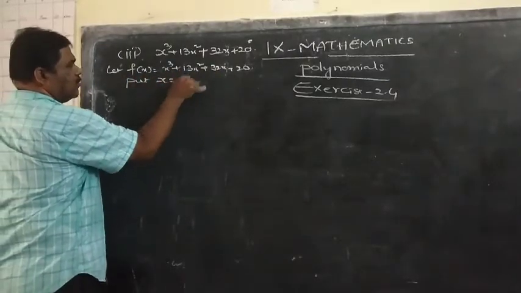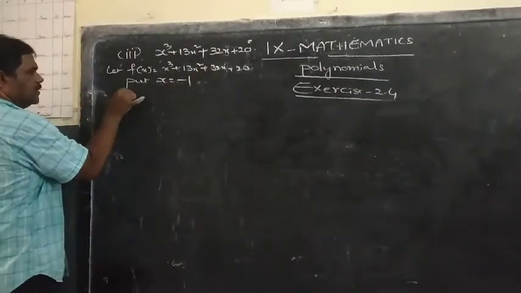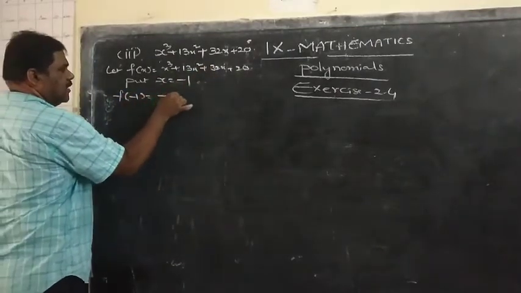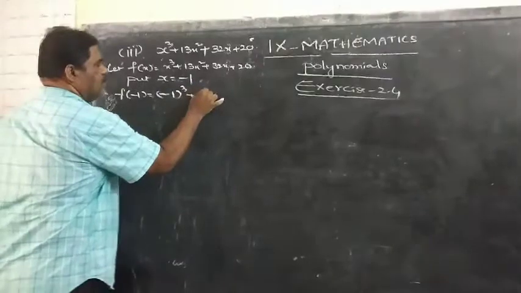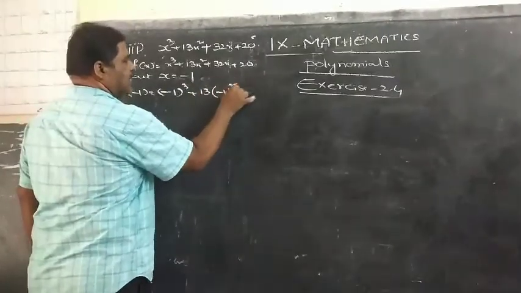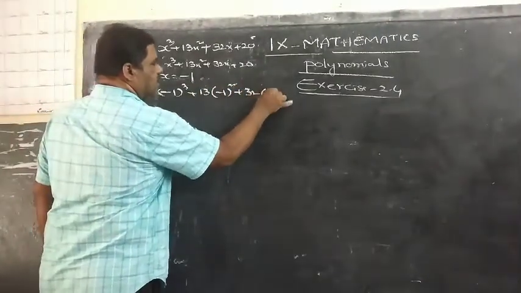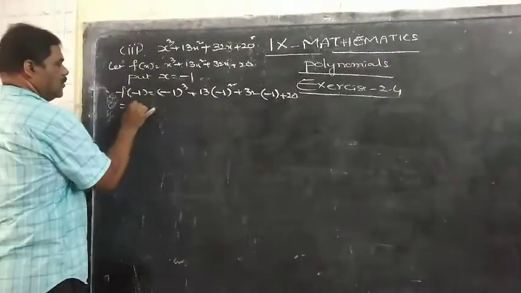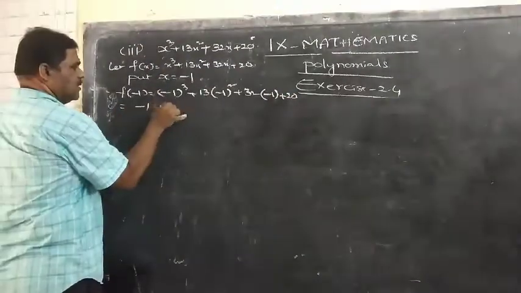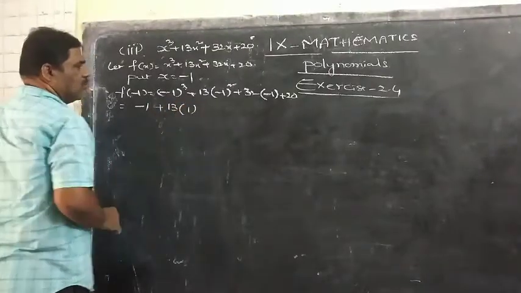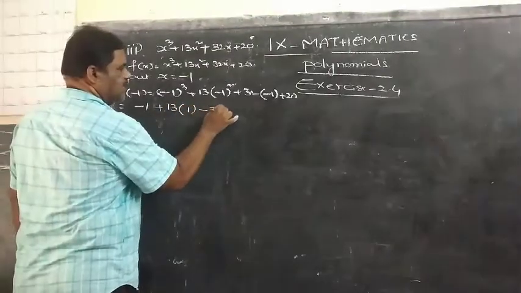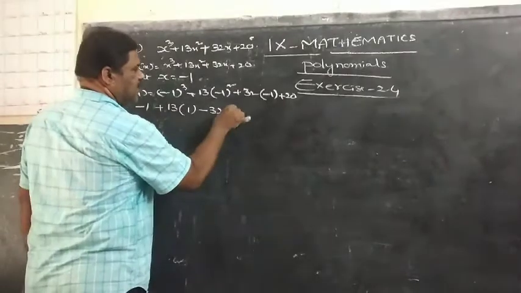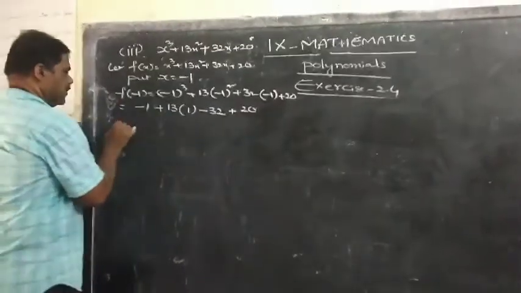Put x is equal to minus 1 first. So f of minus 1 is minus 1 whole cube plus 13 into minus 1 whole square, minus 32 into 1, plus 20. Minus 1 whole cube is minus 1, 13 into minus 1 whole square is 13, 32 into minus 1 is minus 32, plus 20.